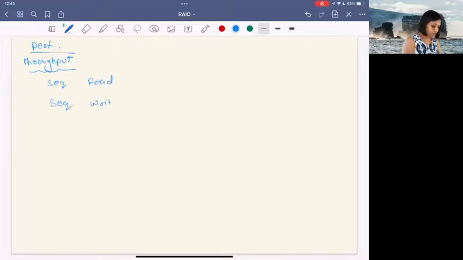Sequential write. Start thinking. It's your job to fill this table. And it's easy, it's not tough. So you can do that.